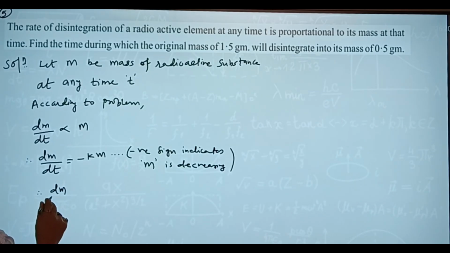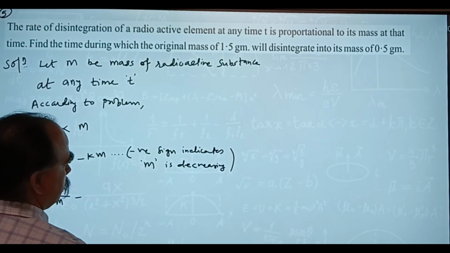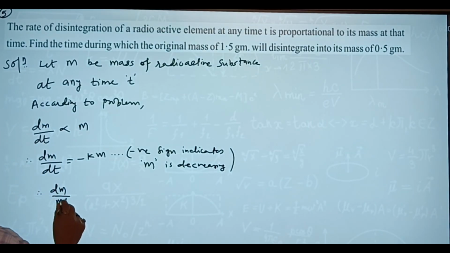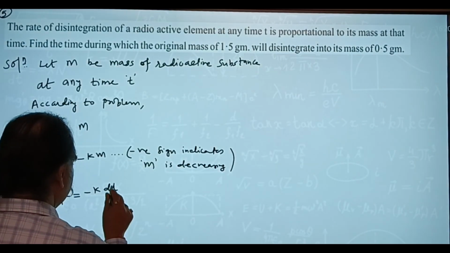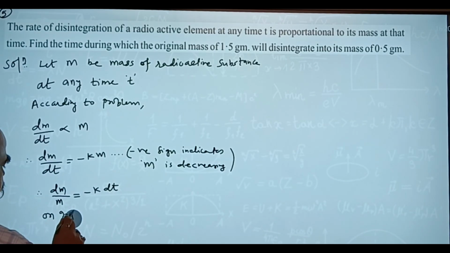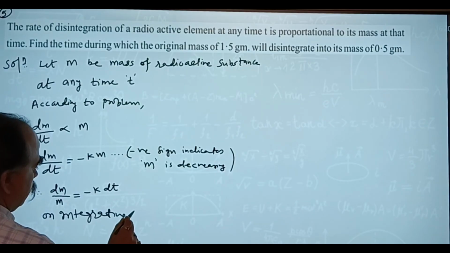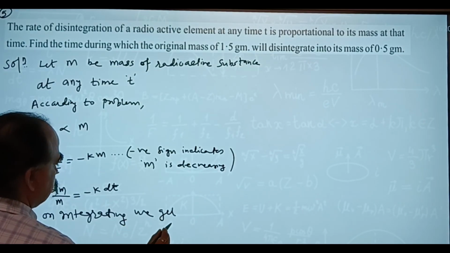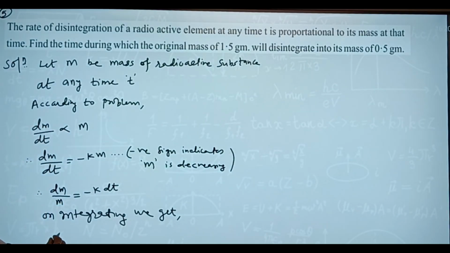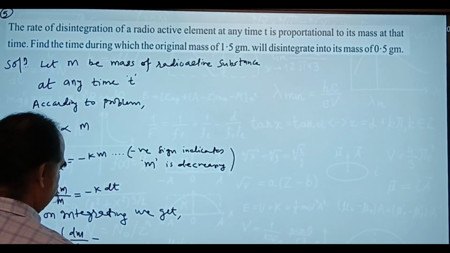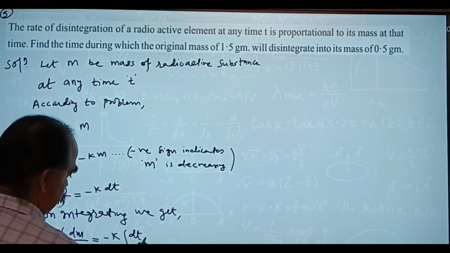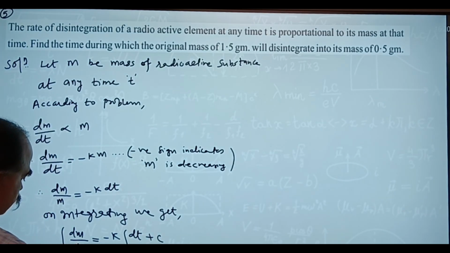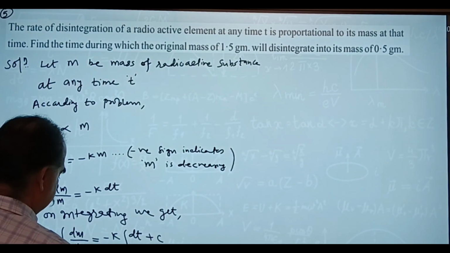So dm by m is equal to minus k dt. On integrating we get log m is equal to minus kt plus c.